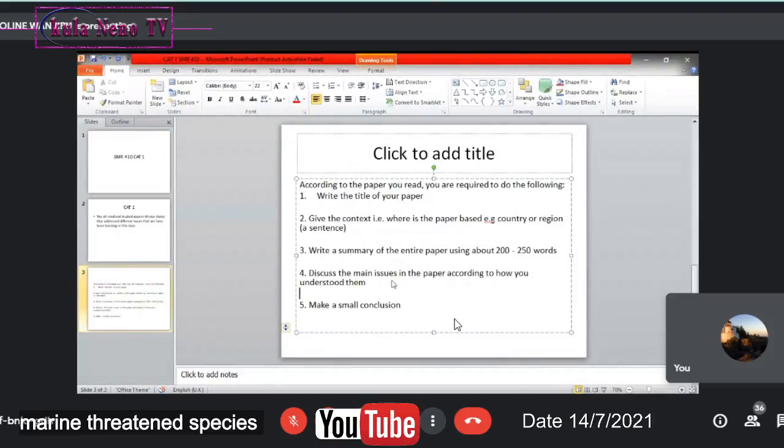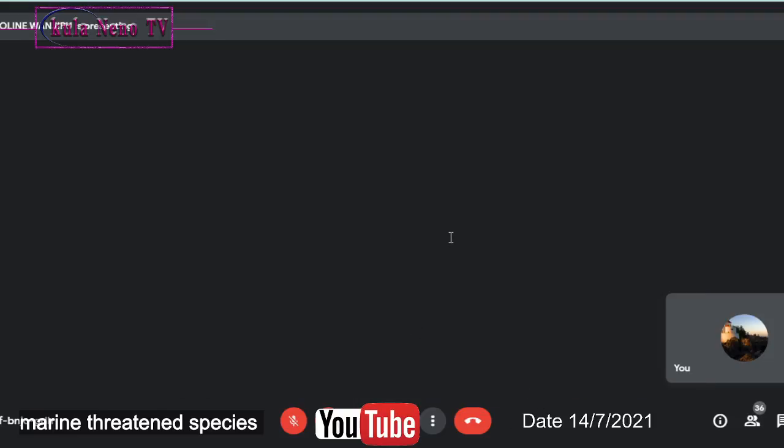And number four is to discuss the main issues in the paper. After you make a summary, you have compressed everything. Now I want you to make a discussion on the main issues in the paper. Is this a paper about forestry? What are they saying about forestry?